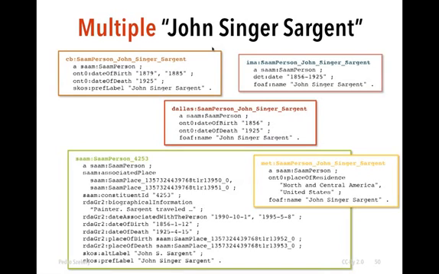So to know about John Singer Sargent, if I go to Dallas, I get the information they have and the artworks they have and so on. If we only had one URI for John Singer Sargent, it would go to one place and get the information from that one place. And then the problem is, how do you reconcile that with having multiple museums that have data about John Singer Sargent?